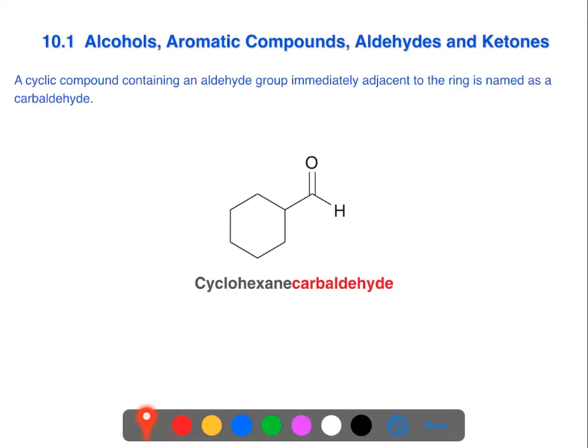And of course, for the benzene derivative, if we were to throw in pi bonds into this structure, well then it wouldn't be cyclohexane any longer, it would be benzene carbaldehyde. Or, as it's commonly known, benzaldehyde, which is a shortened version of this particular name.